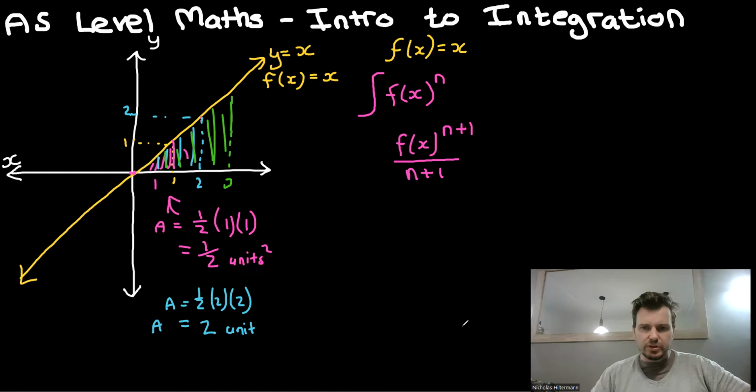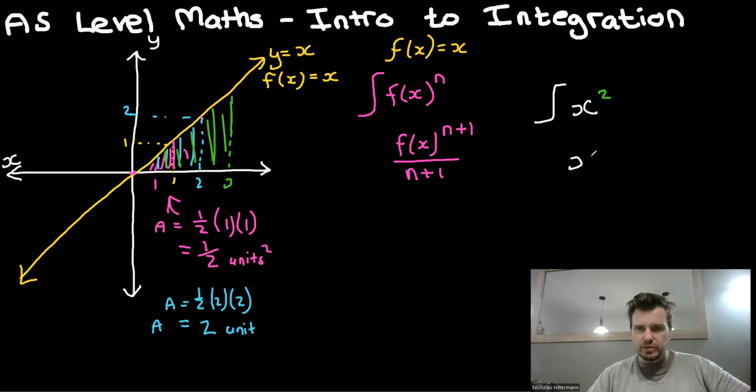So let's look at a few examples before we go into a bit more detail. Let's say that we wanted the integral of, say, x squared. I'm putting the 2 because the exponent is key here.